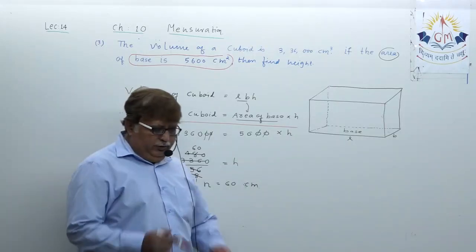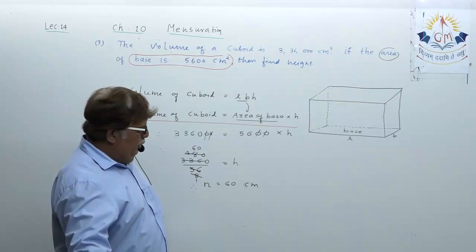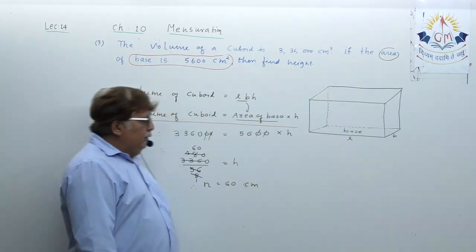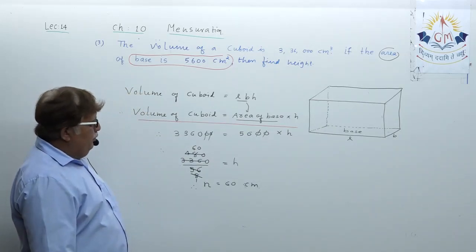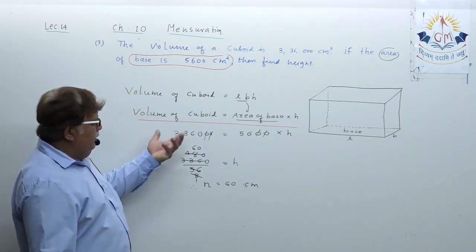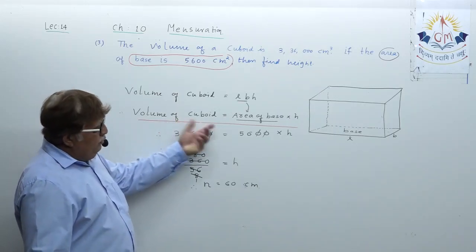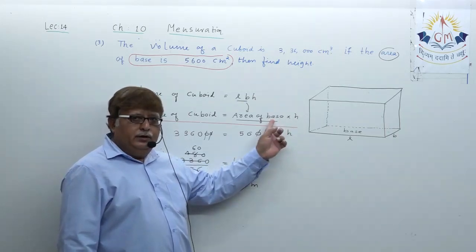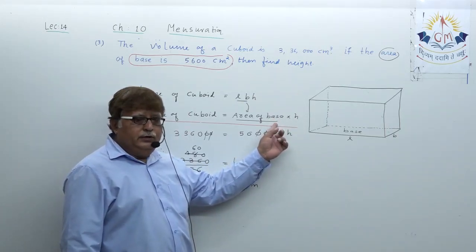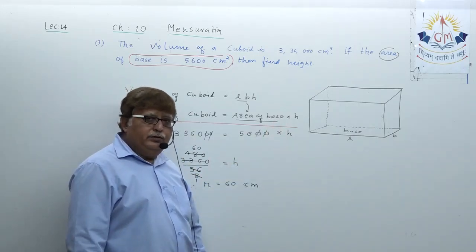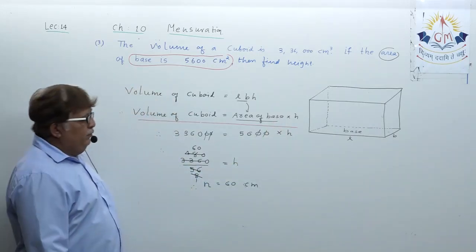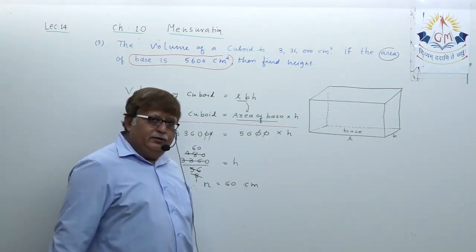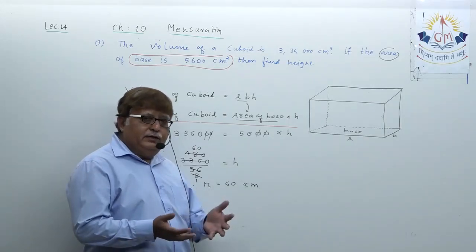Volume of cuboid equals area of base into height. You understood? So it happens, dear student, in an MCQ, you are given volume, you are given height, and you are asked to find area of base. At that time, be strong enough to conceptualize such new formulas and try to apply them in the example.